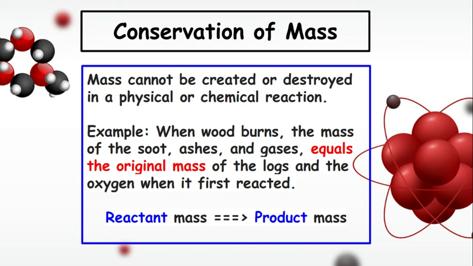For example, when wood burns, the mass of the soot, ashes, and gases equals the original mass of the logs and the oxygen when it first reacted. So the reactant mass equals the product mass. Conservation of mass.